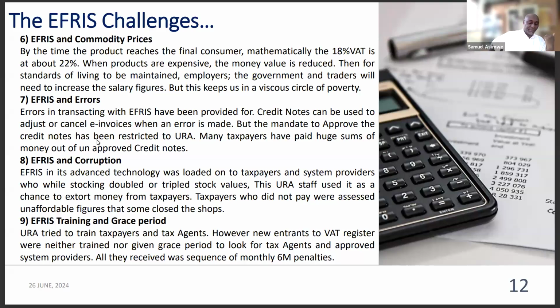So the final consumer, could be in Kampala here, could be up country, in the villages, would find this product price slightly higher. And mathematically, this 18% VAT, by the time it reaches the final consumer, when you compute it analytically, has reached about 22%.